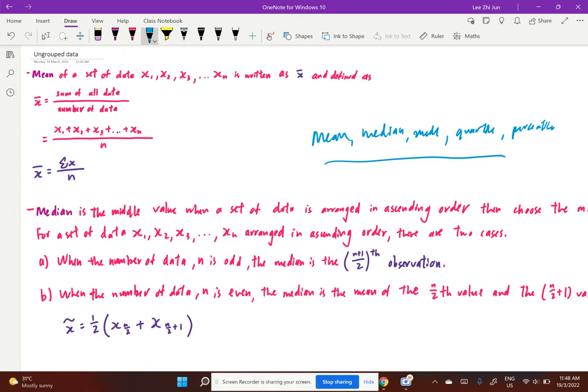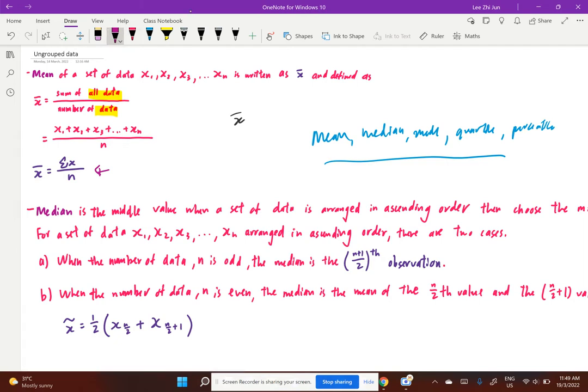Okay. So the mean of a set of data is the average number of all the data. As you can see, it is written as x-bar, and this is the formula of the mean, which is sigma x over n.